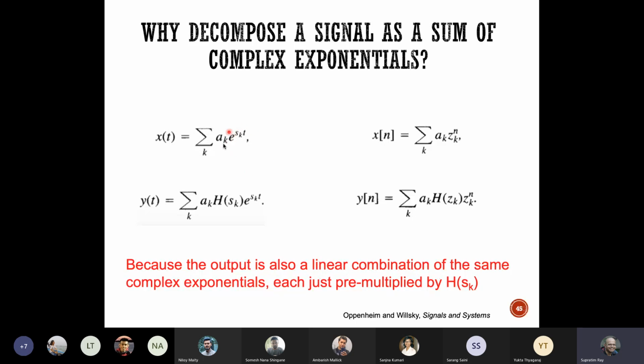If you decompose in terms of these basis functions, the output is easy to get, because these basis functions happen to be eigenfunctions. The output is just the same function back, multiplied by some number. So as long as you know H(s_k), you're done. You can then find the output of any input. This is what we try to do in Fourier analysis. If there are any questions, please stop and ask.